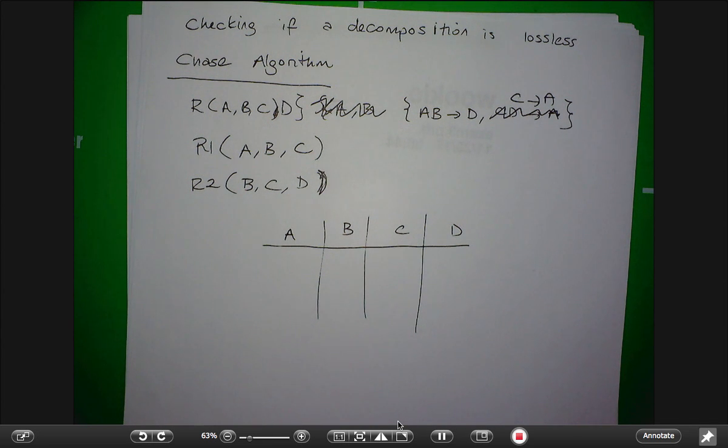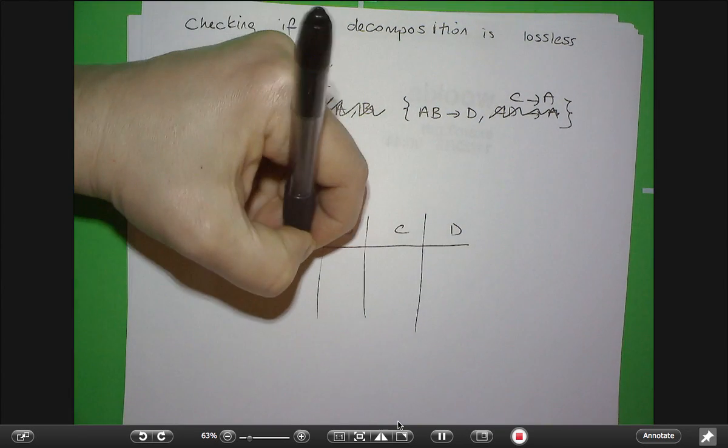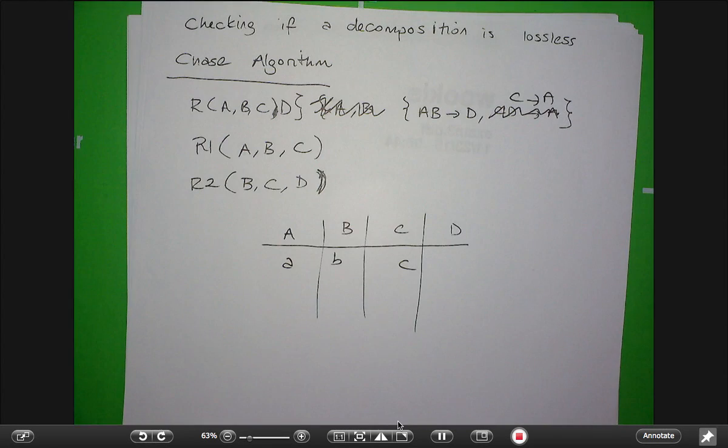The idea is that I'm going to check, let's say I took this relation and stored it in two separate relations, R1 and R2. In R1 I can find A, B, and C. I can find that this A, this B, and this C are related.